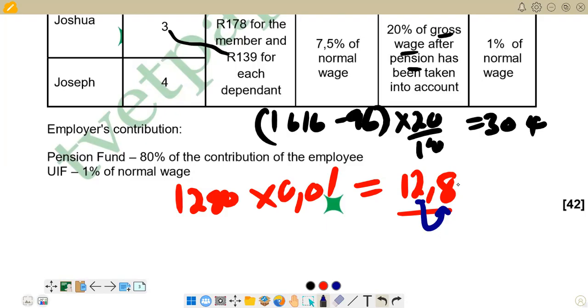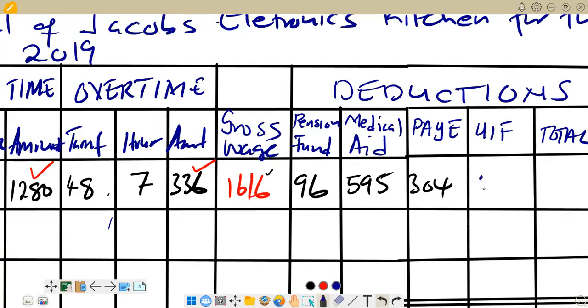Since it is in the range 5 to 9, it changes our 2 to 3, so it becomes 13. So this is what we have for UIF. We're going to put our 13 for UIF.